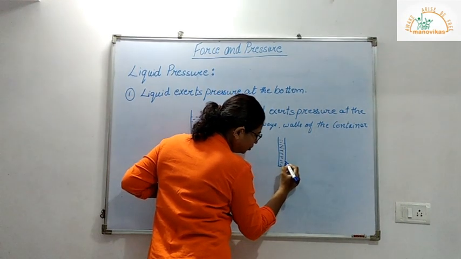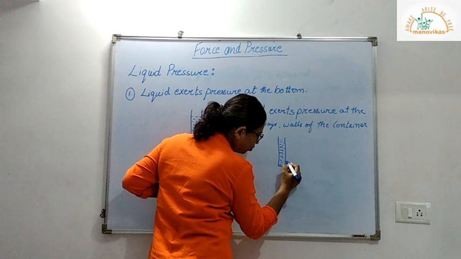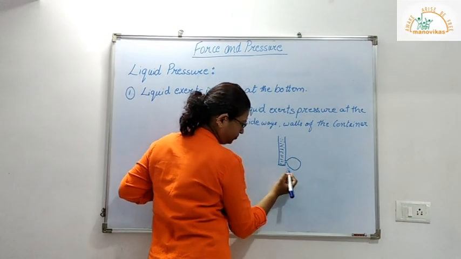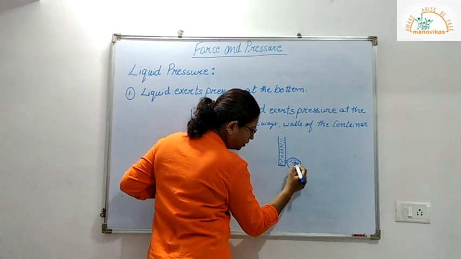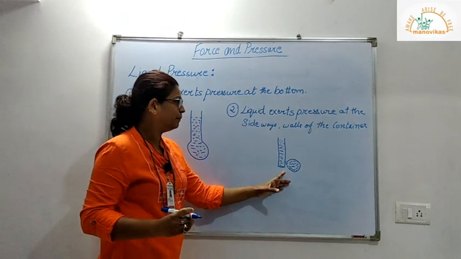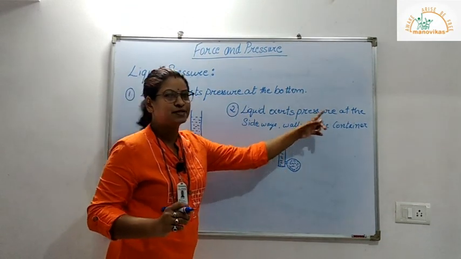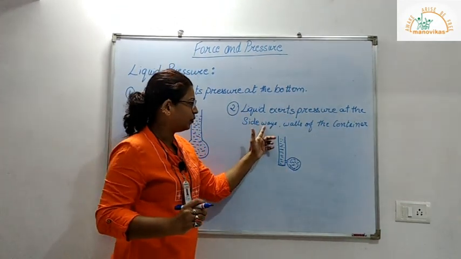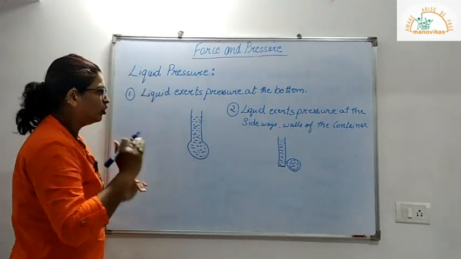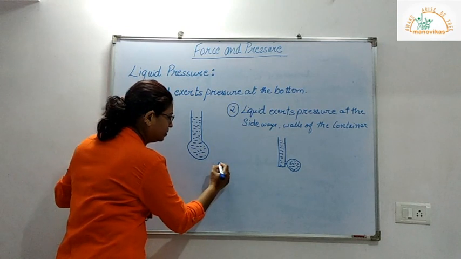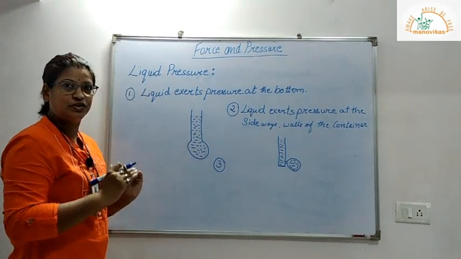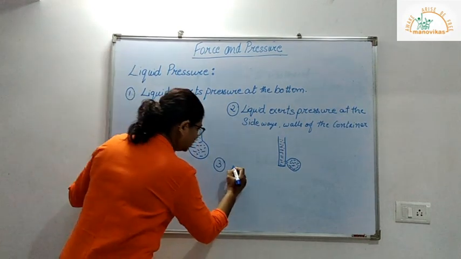Once the liquid is poured, you see that the balloon bulges out. So this also tells you that the liquid exerts pressure sideways, that is on the walls of the container.